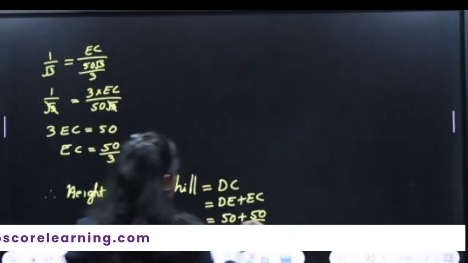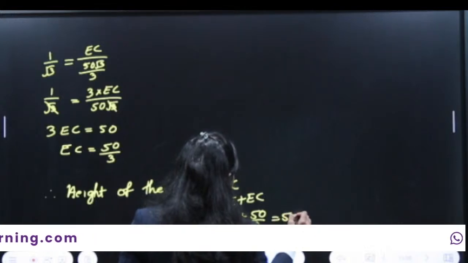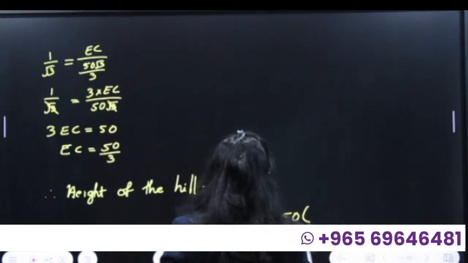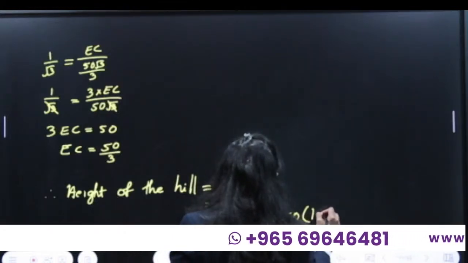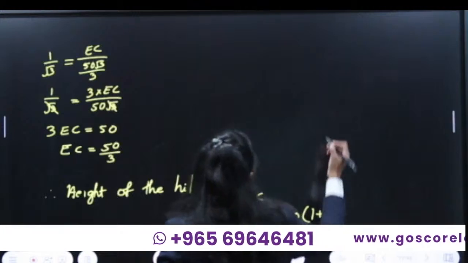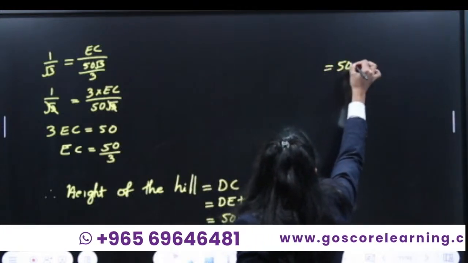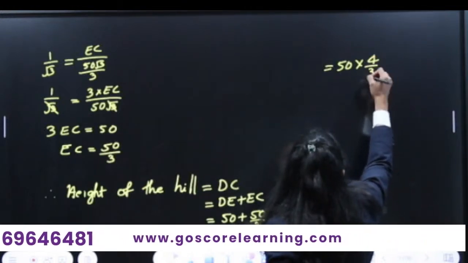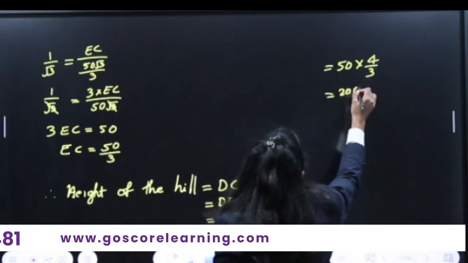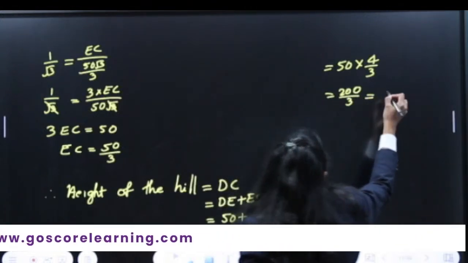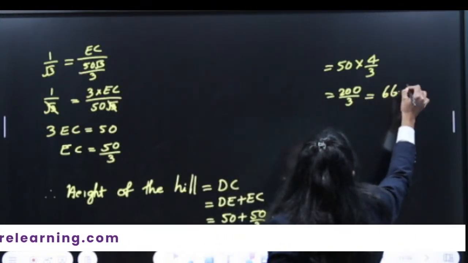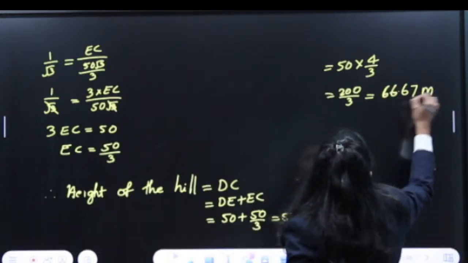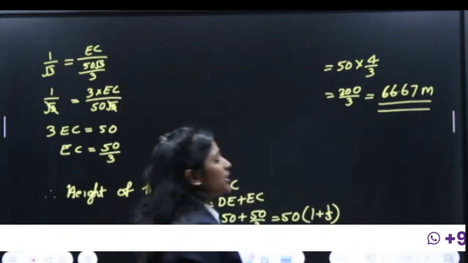Now we can take it 50 into 1 plus 1 by 3. So this will give 50 into 4 by 3. That is 200 divided by 3. What is 200 divided by 3? It is 66.666, it's never ending. So we can take 67 meters. So this is the height of the hill.